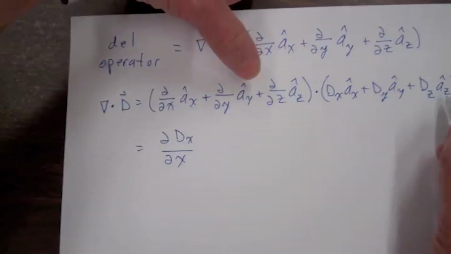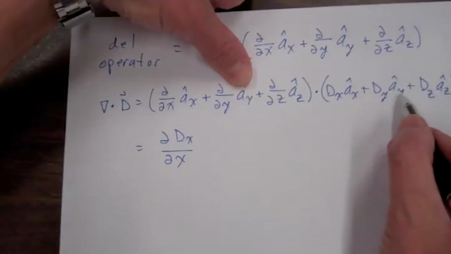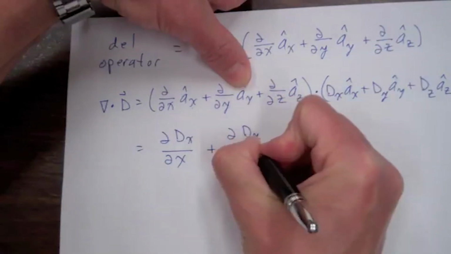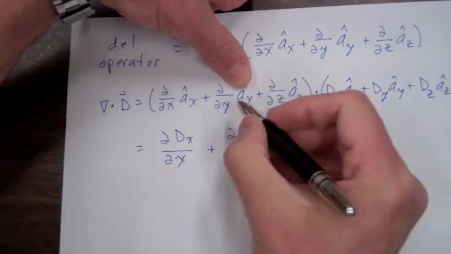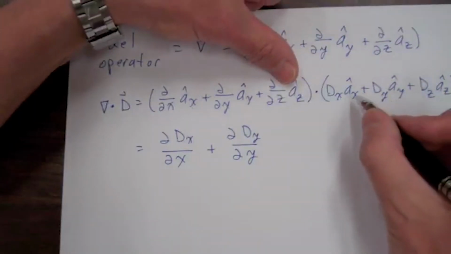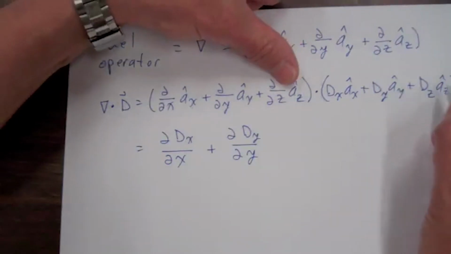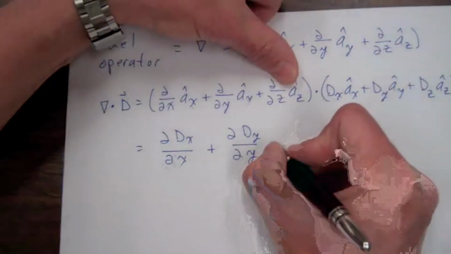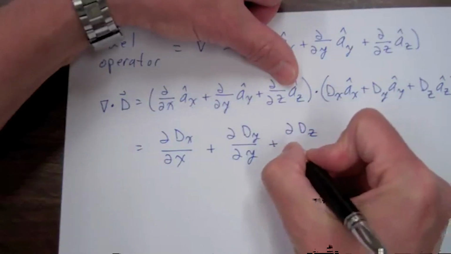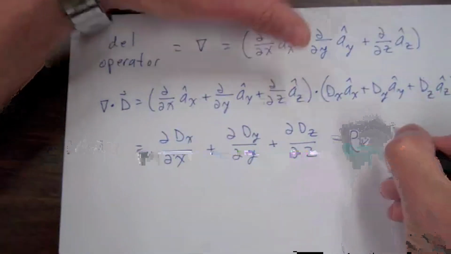Go to the second term. a y dot a x is 0, a y dot a y is 1, so you have a partial of D in the y direction with respect to y, and a y dot a z is 0. Final term, a z dot a x is 0, a z dot a y is 0, a z dot a z is 1, so you'll have a partial of D in the z direction with respect to z, and of course that's equal to the charge density.